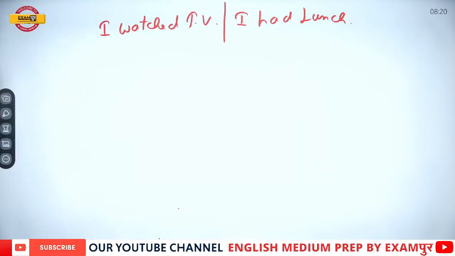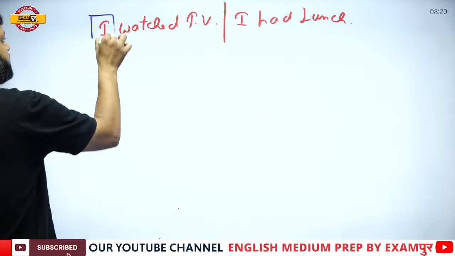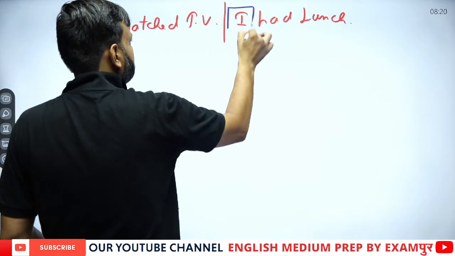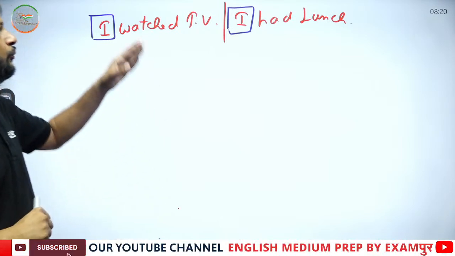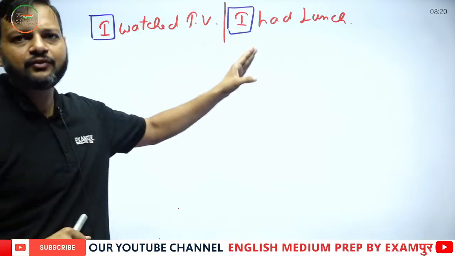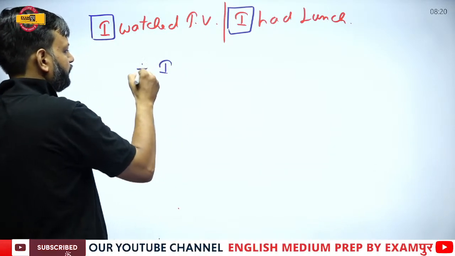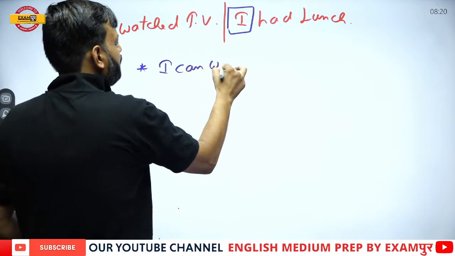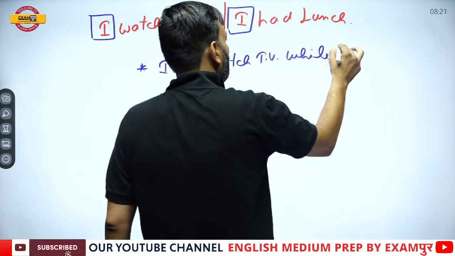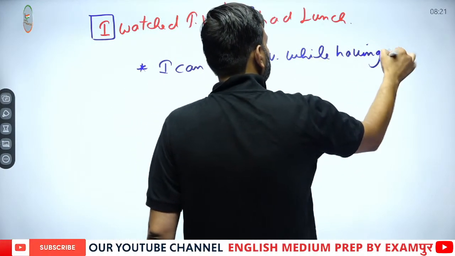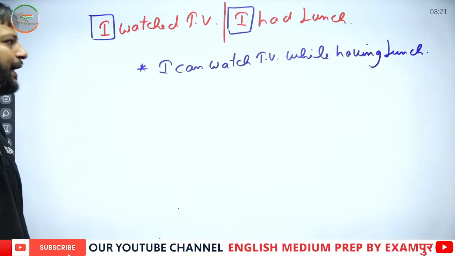Now in these two sentences, as you can see, subjects are common. Both the sentences have the same subject, that is I, and both the sentences have actions which can be simultaneous. I can watch television while having lunch.